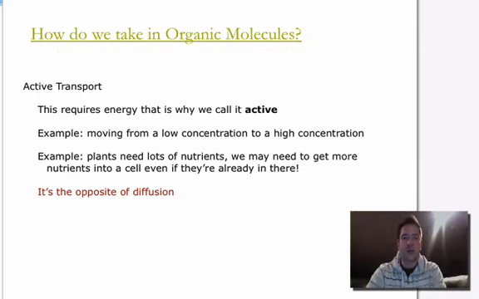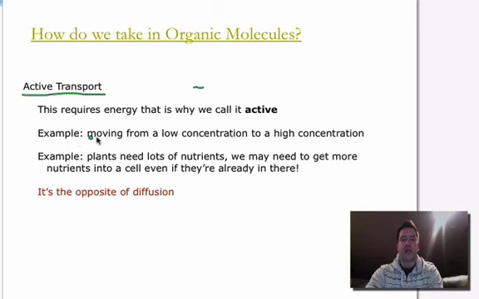And the last is called active transport, as I had mentioned before. Active transport is the last way living organisms can take in organic molecules. It requires energy, and that's why it's called active. It requires a small amount of energy to produce more energy.